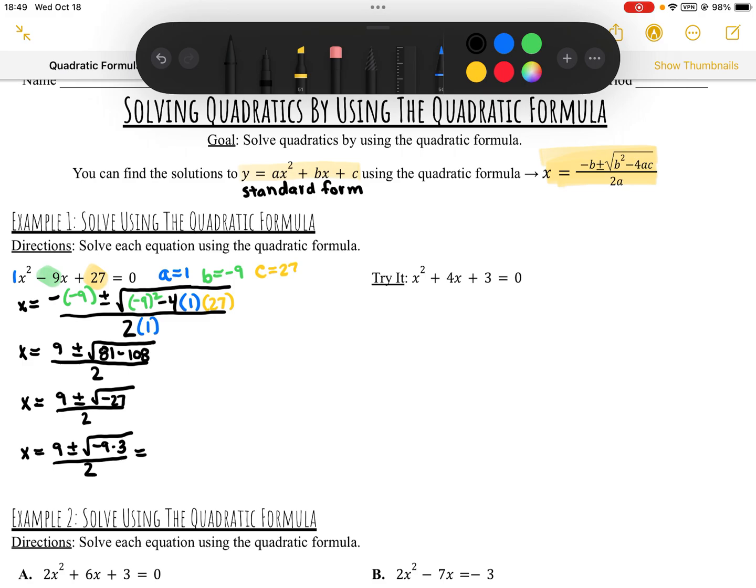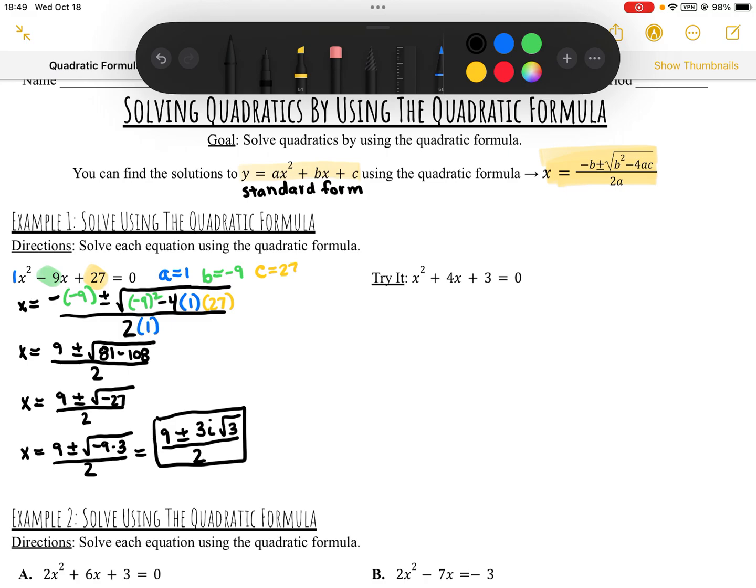So now the square root of negative 9, so I'm still going to have 9 plus or minus. Square root of negative 9 is 3i, and then root 3 stays under the radical symbol, all over 2. Now this does not simplify any further, so this is going to be my solution.